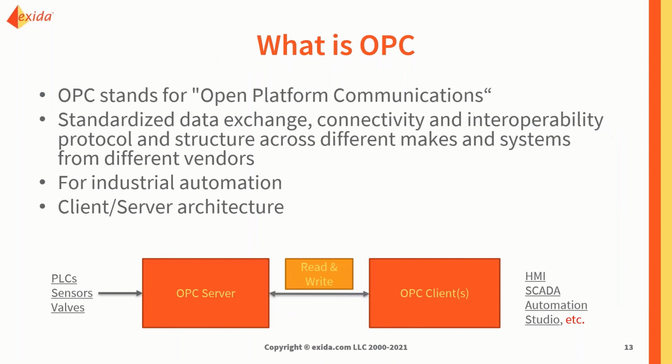OPC stands for, according to the OPC standards, Open Platform Communications. It tries to standardize data exchange and connectivity, and very importantly, interoperability across different makes and models, so that the protocols and structures across different makes and systems can be put together into one framework.